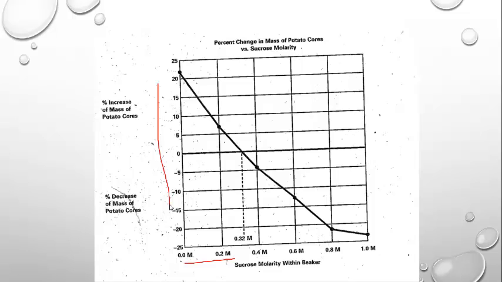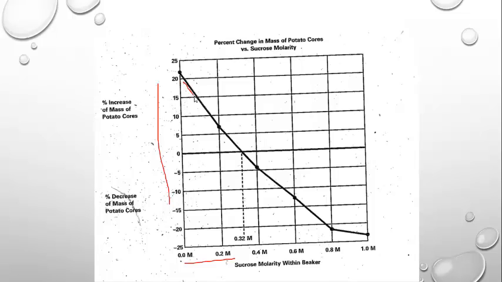Notice that some potato cores will gain mass, some potato cores will lose mass. The potato itself has a particular molarity, and that's what we're trying to figure out. So depending upon whether the potatoes are in a hypertonic or hypotonic solution, they'll either gain or lose mass.